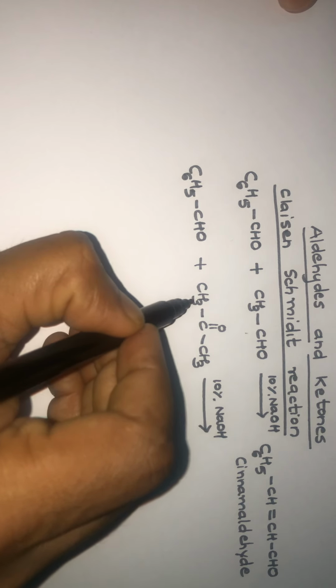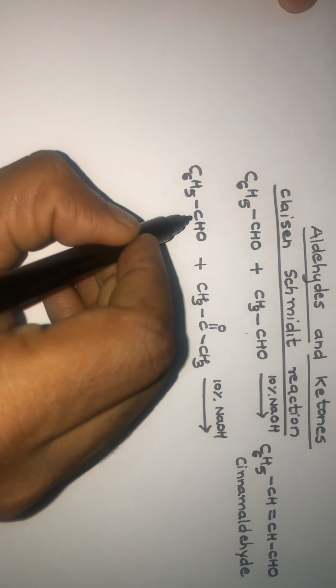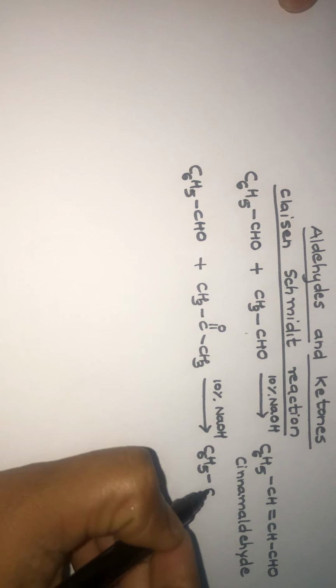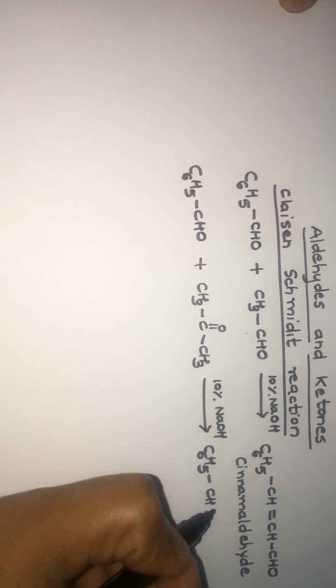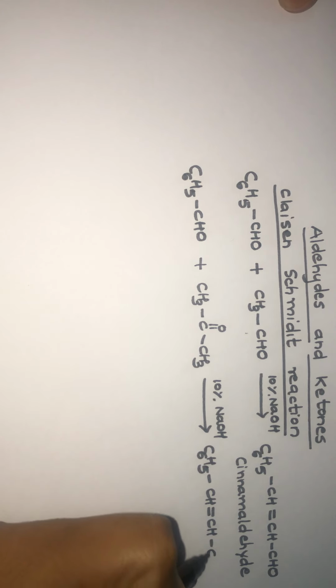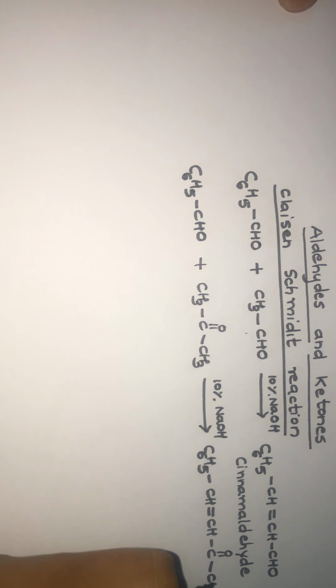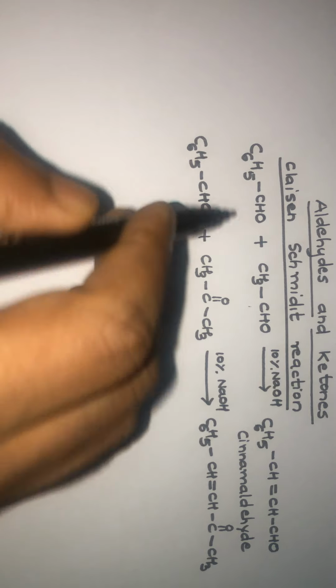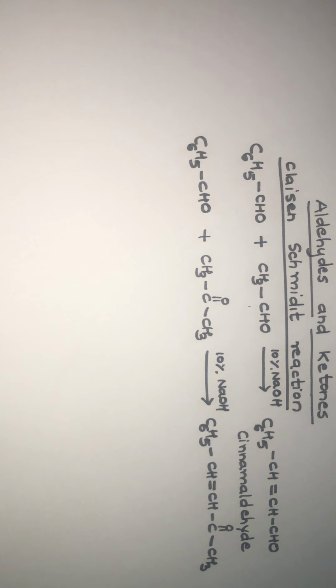NaOH abstracts a proton, and the anion generated attacks this carbon. So you get C6H5CH=CH-C(=O)CH3. You get a ketone there. So this reaction is referred to as the Claisen-Schmidt reaction.